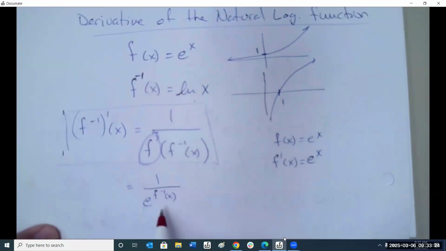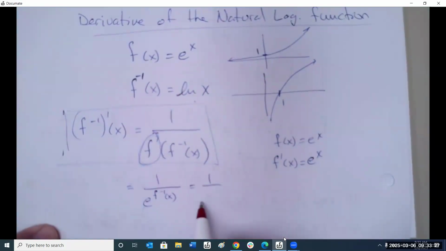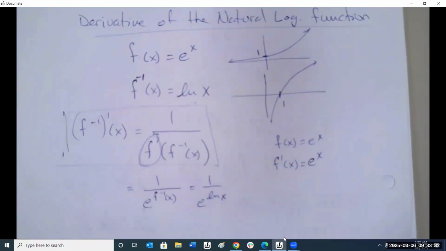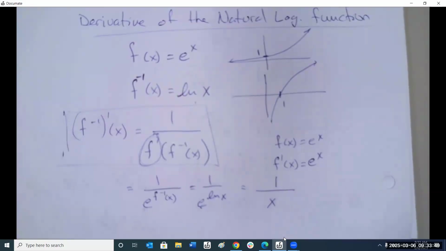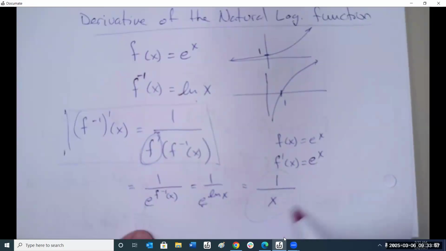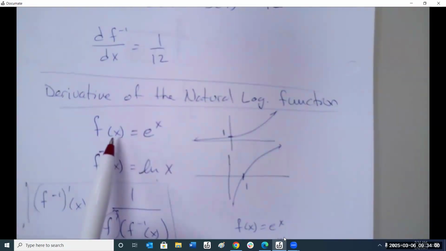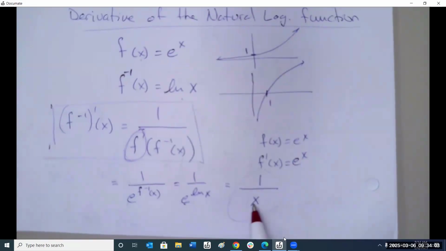So in place of the inverse part, we put e to the power ln x. According to the rules of exponents, since the bases are the same, what does this become? And there's our answer. This has to be 1 over x, because if the slope of this one is x, then it has to be the reciprocal of it.